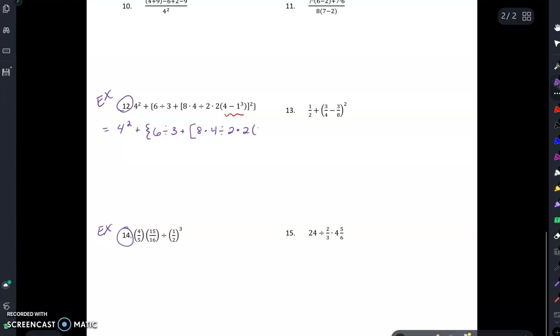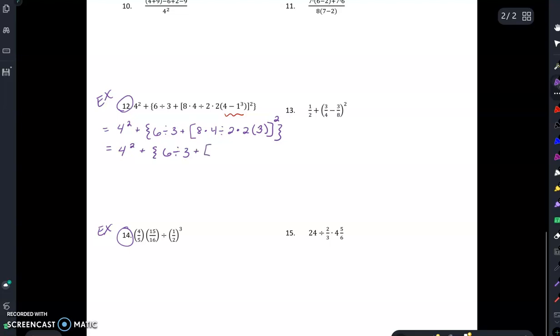4 minus 1 would be 3, and then end bracket all squared for that. And then don't forget the brace on the very end. So the next step, again, I'm just going to write everything down, carry it down till I get inside the grouping symbols.